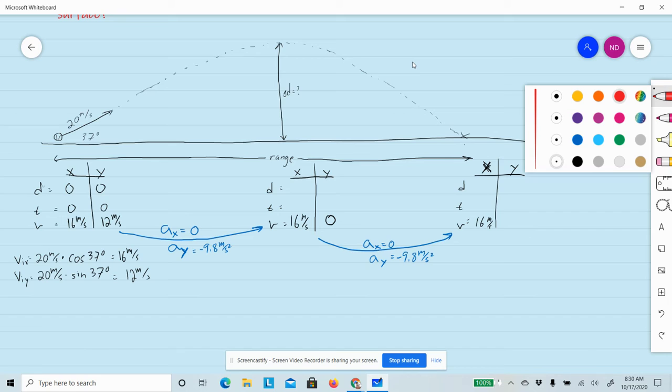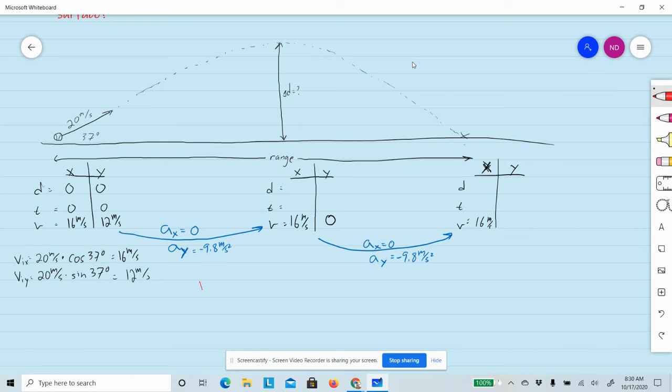My first equation is always this one, VF equals VI plus AT. Well, in the X direction, the velocity is never changing, so that's easy. But let's look at the Y direction. From here to here, it starts at 16 and finishes at 0.